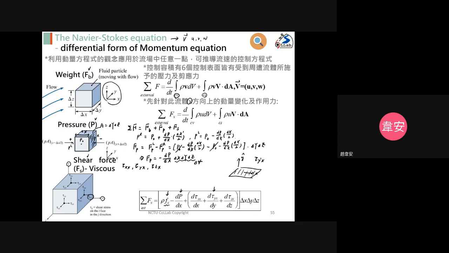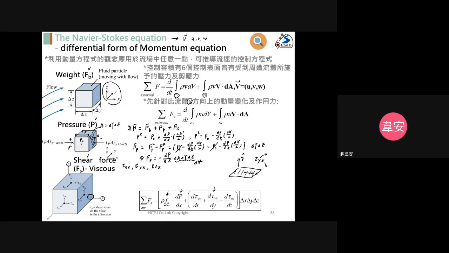So that means the first index y indicates the surface with the normal vector along the y direction, and the second index indicates the force direction. In that case, the force is along the x direction.